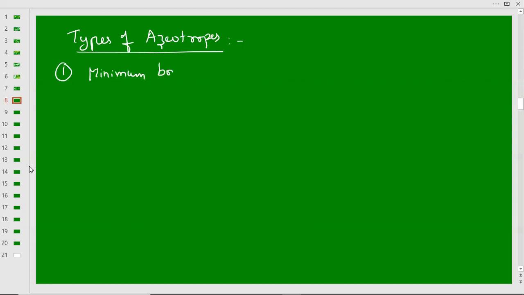These azeotropes have maximum vapor pressure and minimum boiling point.